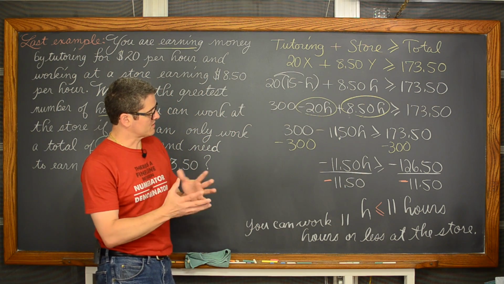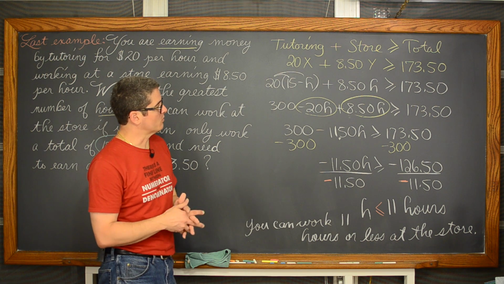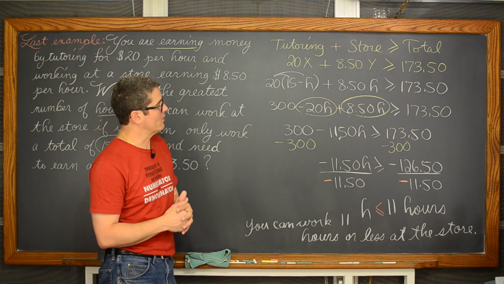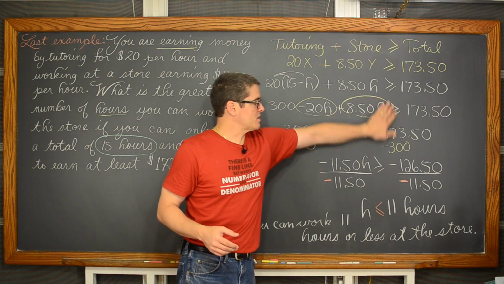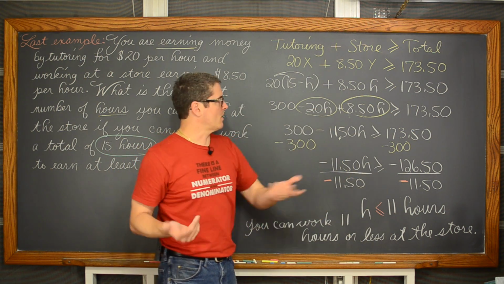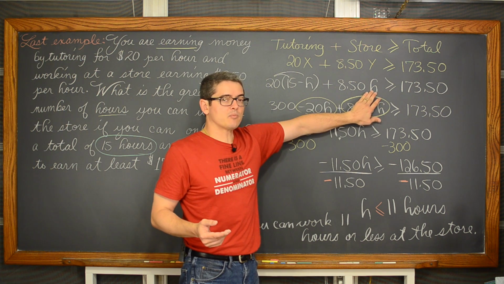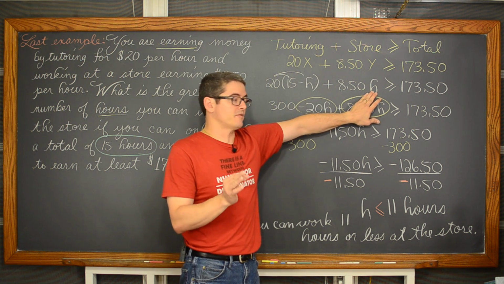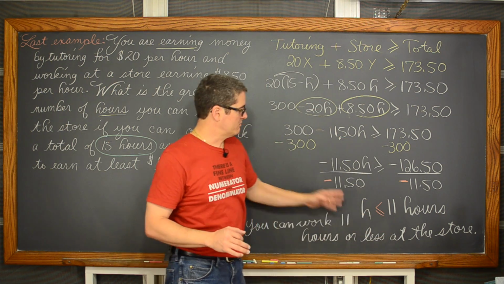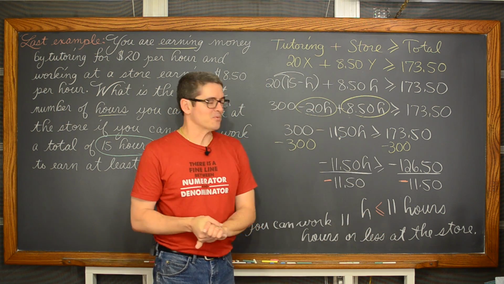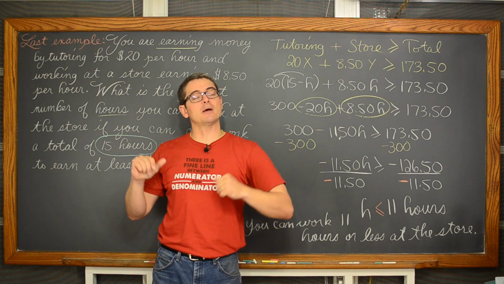And we'd have to kind of turn that around a little bit and say that we could work 4 hours or more tutoring. But I wanted to make sure, especially because you have a little bit of like more or less, what's correct, I wanted to make sure when I set up the problem that just my generic variable of h did represent the store hours, so that when I was done, I was assured that I was looking at the right value. And that is the end of my last example.